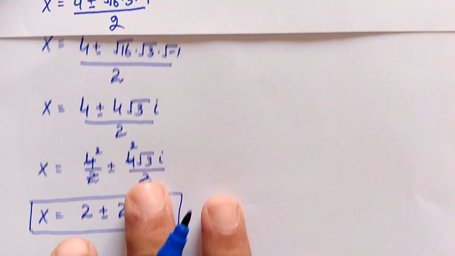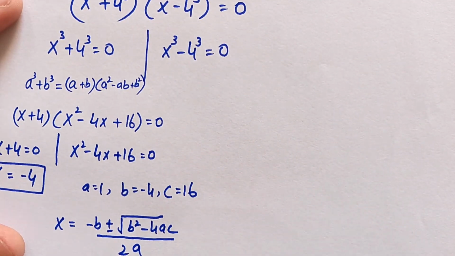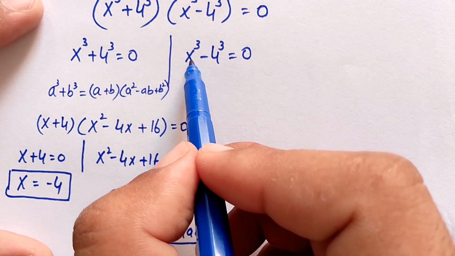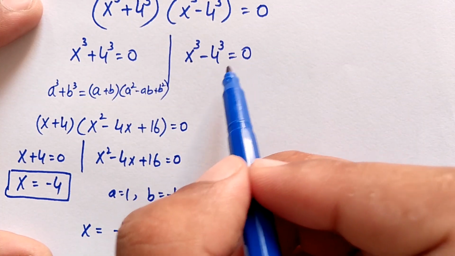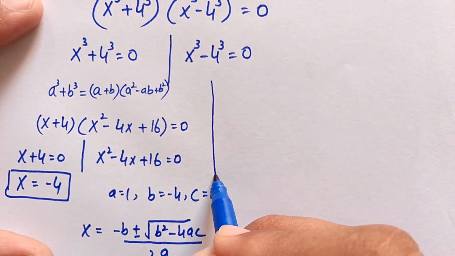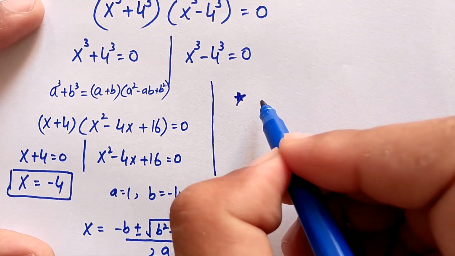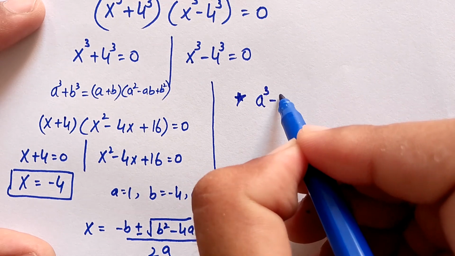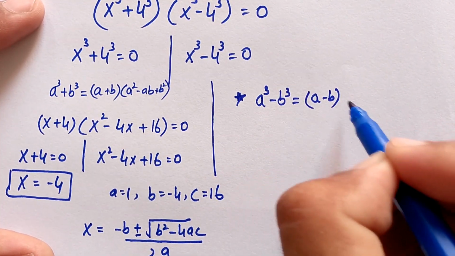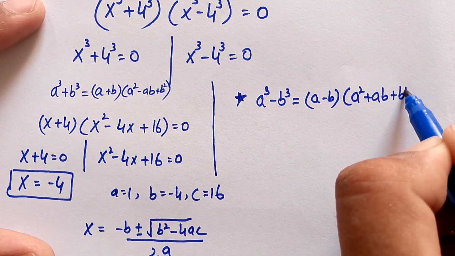Now we have to solve the case number second, which is x to the power of 3 minus 4 to the power of 3 is equal to 0. To solve this, we have to use the cubic identity, which is a to the power of 3 minus b to the power of 3, which is equal to a minus b times a square plus ab plus b square.